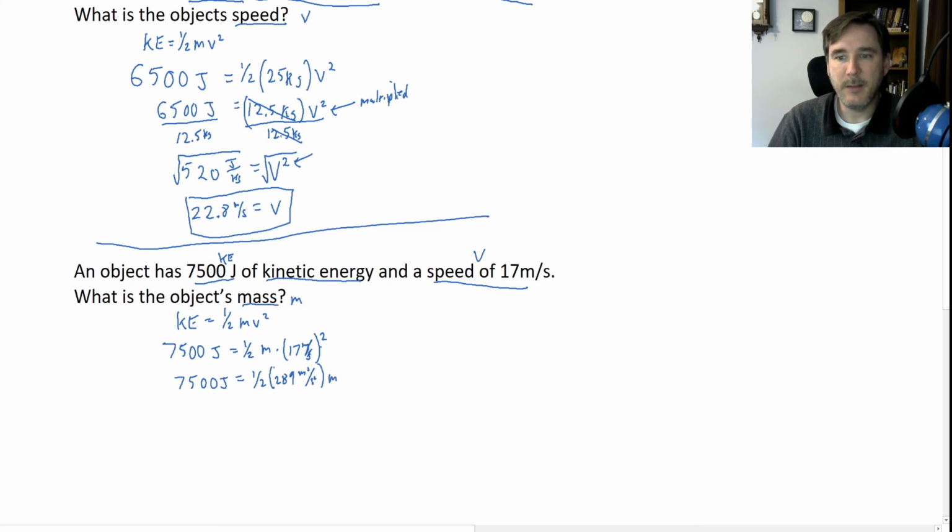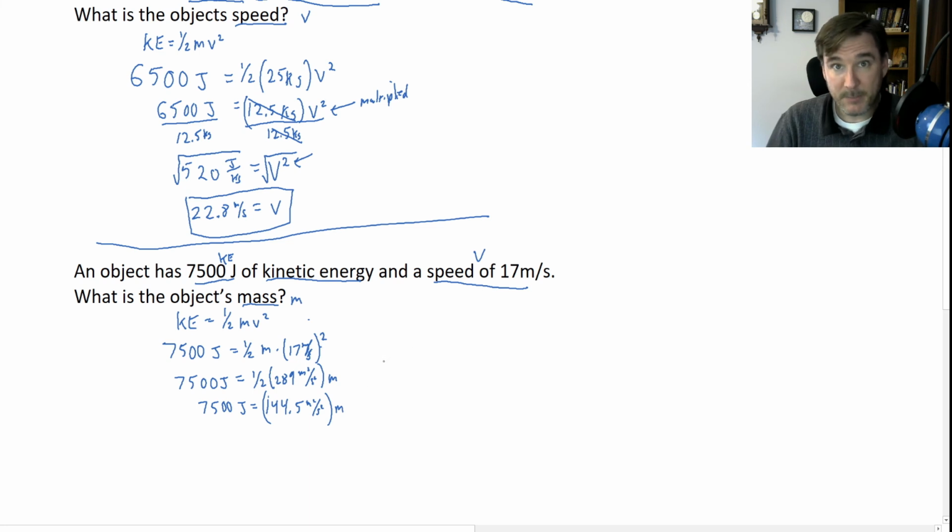So I just squared this. Now I'm going to take half of that. So 7,500 joules is, times 0.5, or just divided by 2, and I get 144.5 meters squared per seconds squared, and all that times mass.